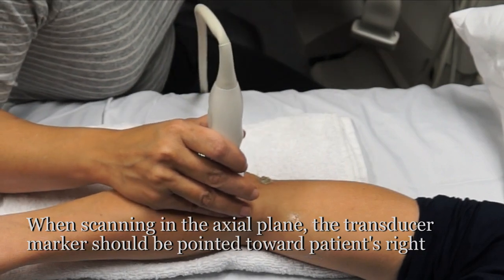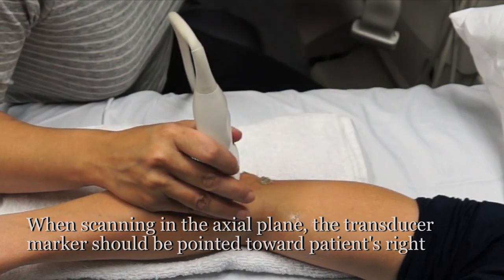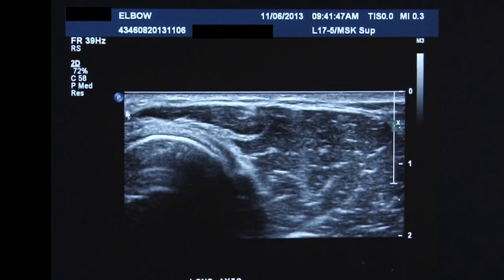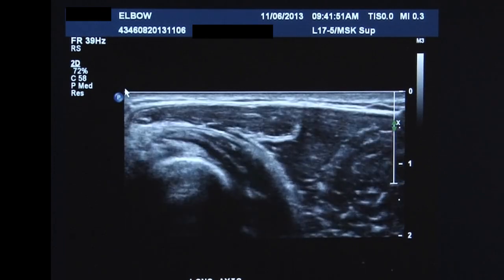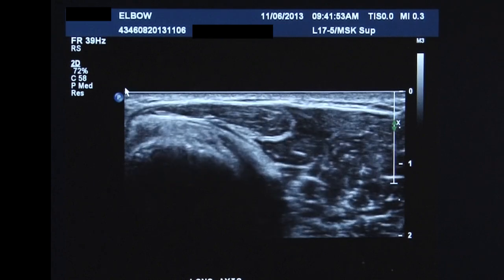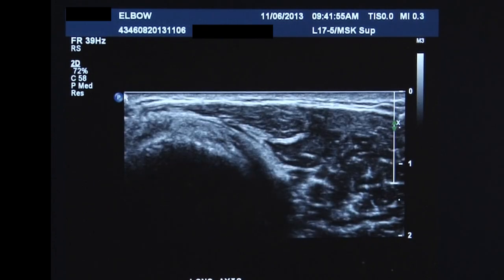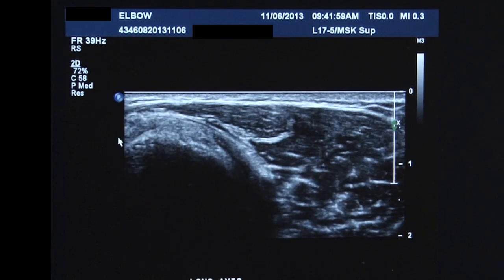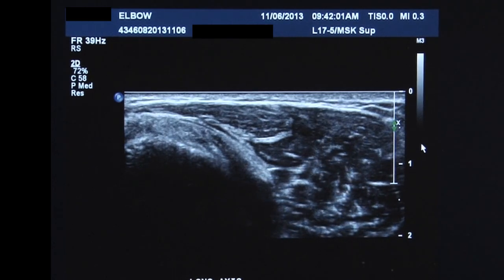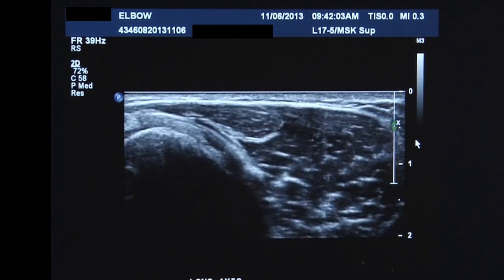On the screen, this marker corresponds to a marker predetermined or set by the manufacturer. So when we are looking at the patient's right, when the marker is at 9 o'clock, we are looking on the left side of the screen. And all images obtained this way will have this be the right side of the screen, or the left side of the patient.